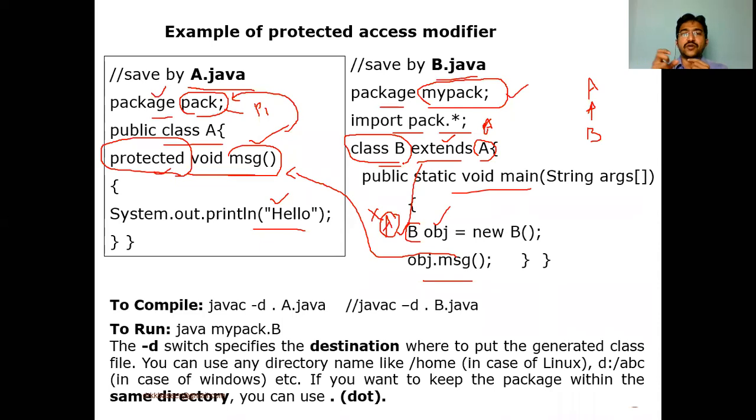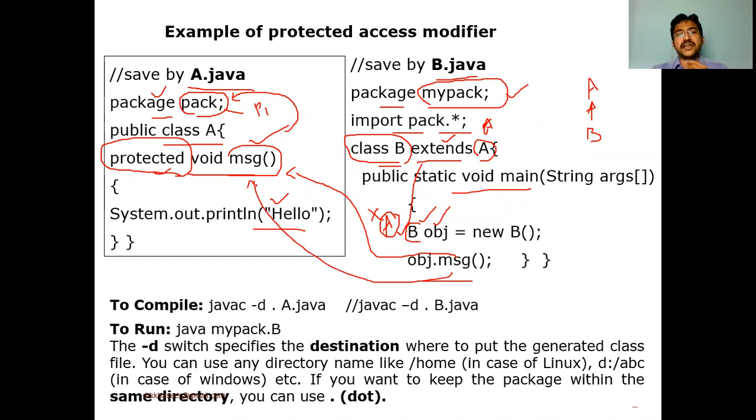Class B extends all the properties of class A. If you create an object for class B, you can access class A's method. So with the help of the class B object only, we are accessing the class A method, that is msg. That is the advantage of extends.